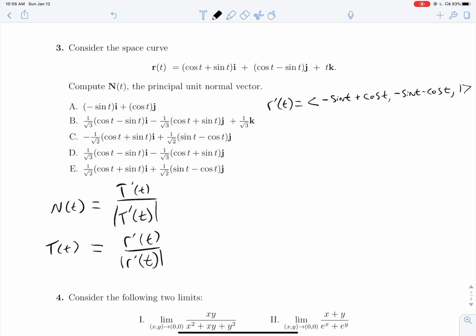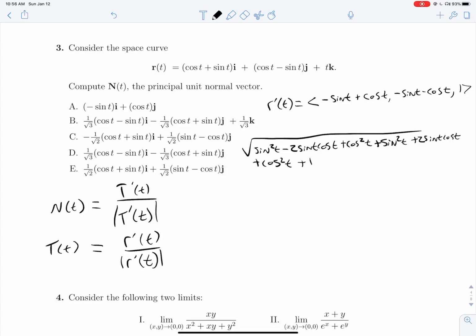Our magnitude is going to be the square root of sine squared t minus 2 sine t cosine t plus cosine squared t plus sine squared t plus 2 sine t cosine t plus cosine squared t plus 1.